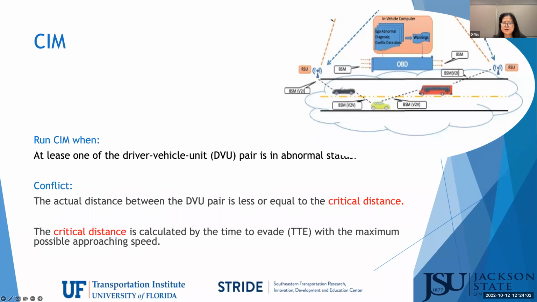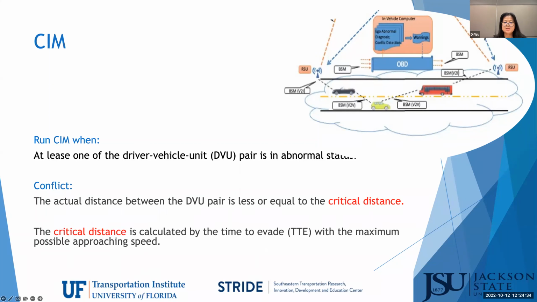If any of them is in the abnormal driving status, then it will run the conflict identification model. A conflict is defined as a traffic situation when the actual distance between the DVU pair is less than or equal to the critical distance.